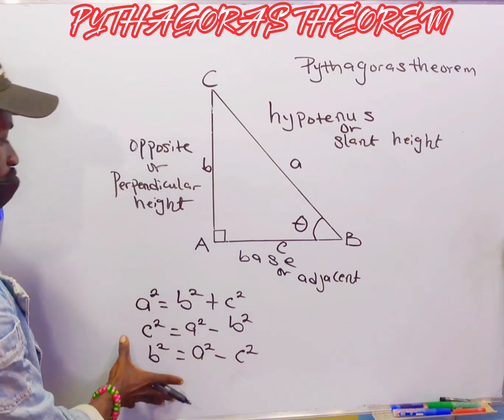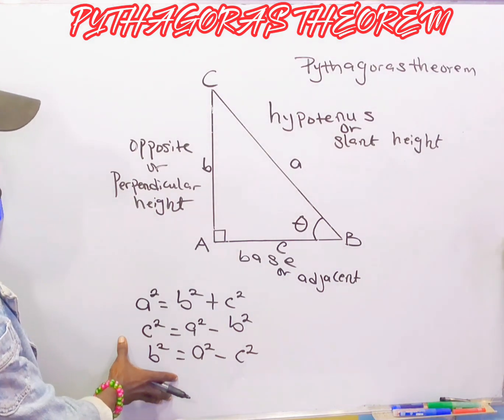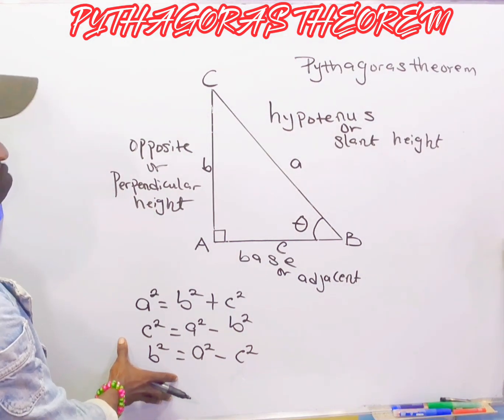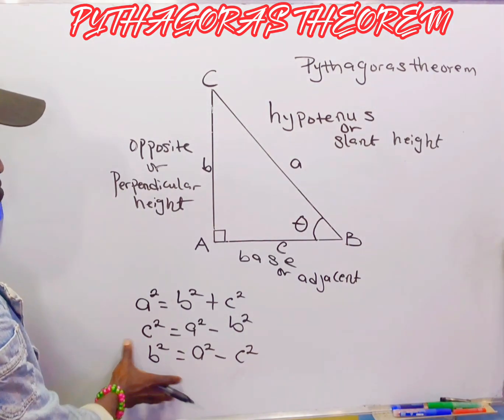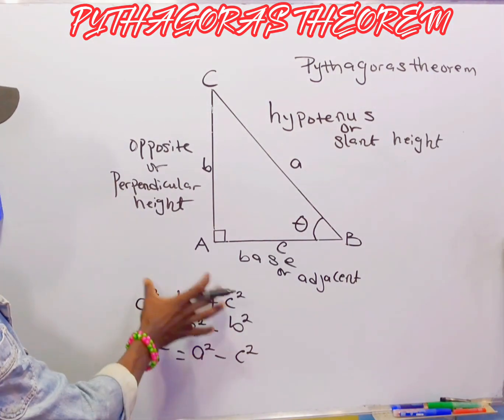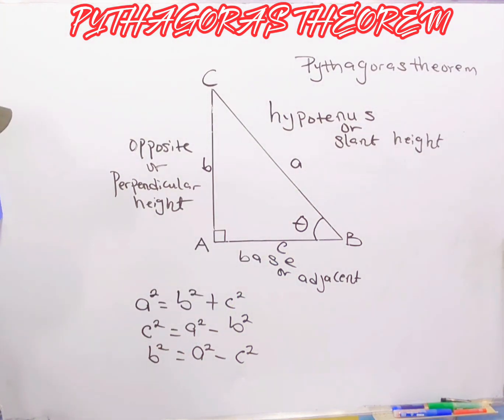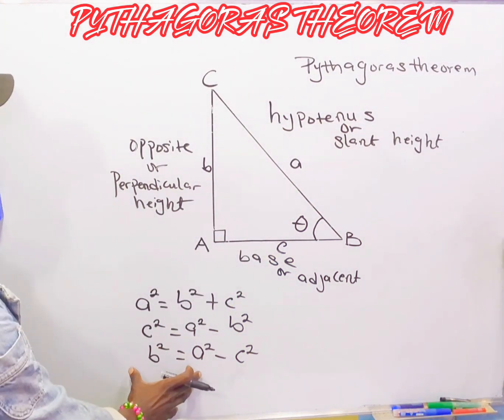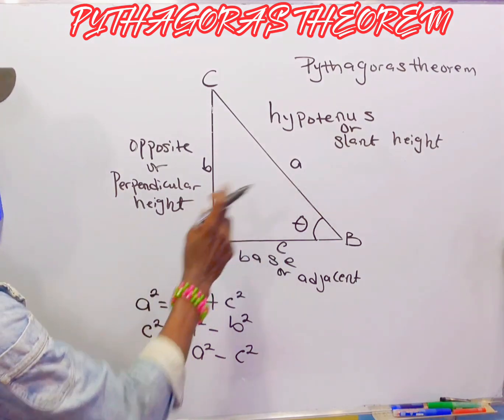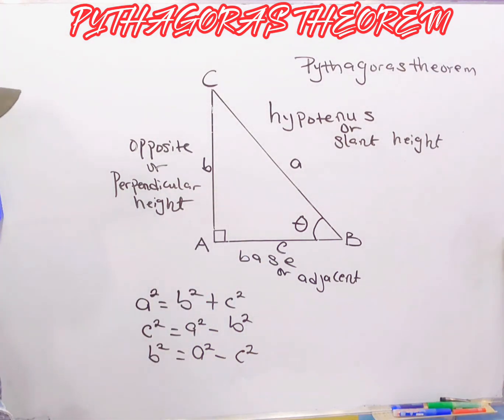So this is the formula used to solve questions on trigonometry using Pythagoras theorem. Now if you look at this, this has nothing to do with our angle theta. So it is only used to find the sides of a right angle triangle.